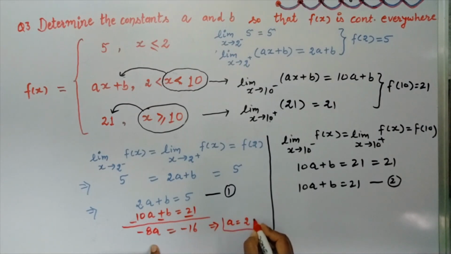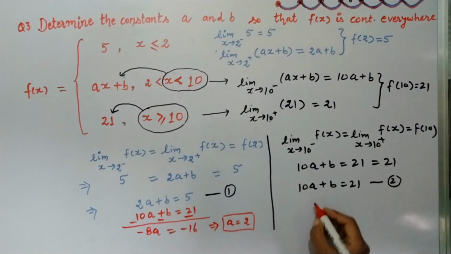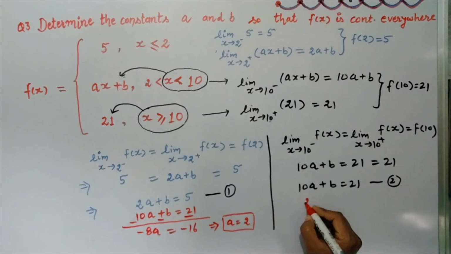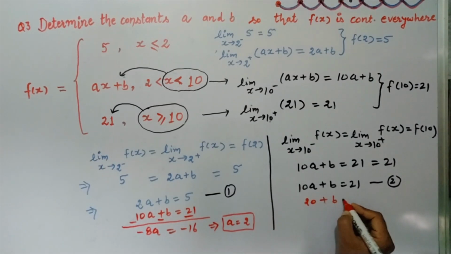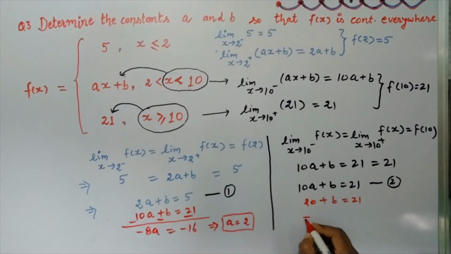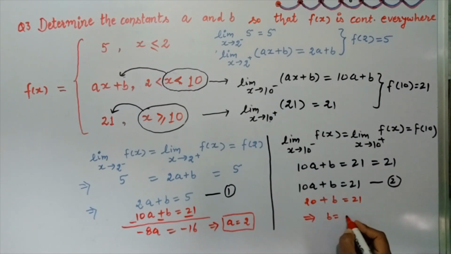So a is equal to 2. We put this value of a here: 10 into 2 is 20, plus b is equal to 21, which gives b is 1.